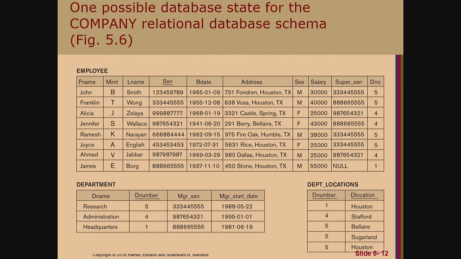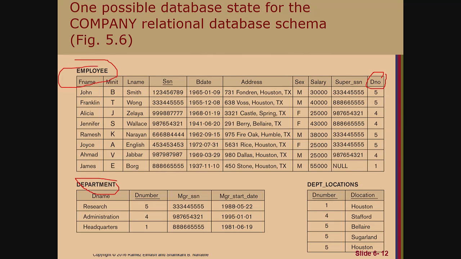No, right? We don't have any name of the department, but we know only the department number as the foreign key. If you want the name of the department, you have to refer to the department table.